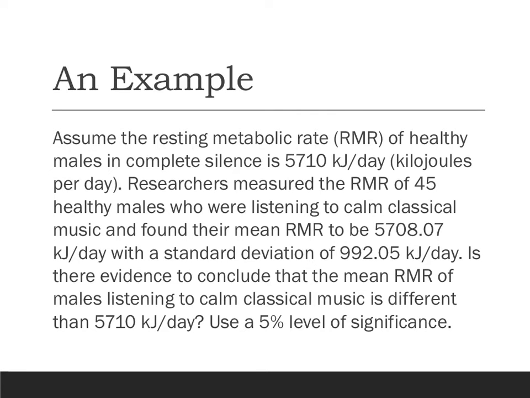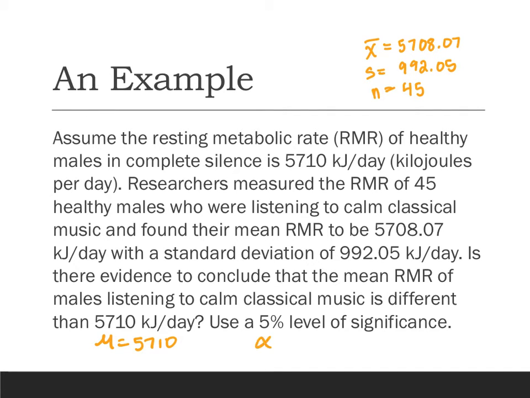I do have several numbers here. I'm going to note that the expected mean is 5,710 kilojoules per day. Then I've got some sample statistics: a sample of size 45, the mean of that sample was 5,708.07, and the standard deviation was 992.05.